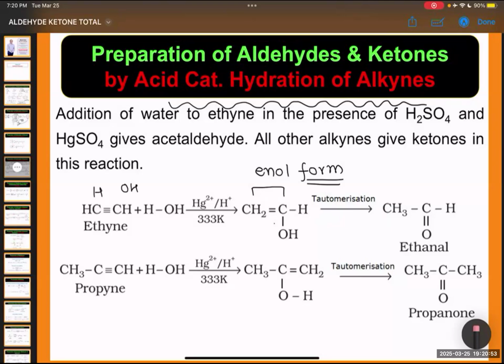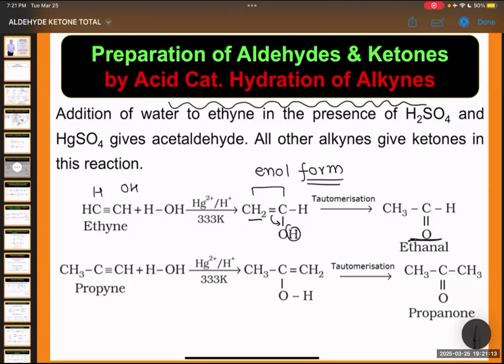This enol will undergo tautomerization where the double bond shifts to the carbon. You get a ketone or an aldehyde, depending upon the groups attached. So you add water to the triple bond and you get an aldehyde or a ketone.